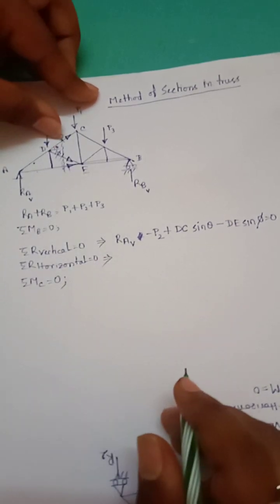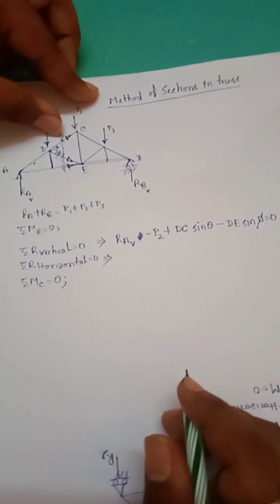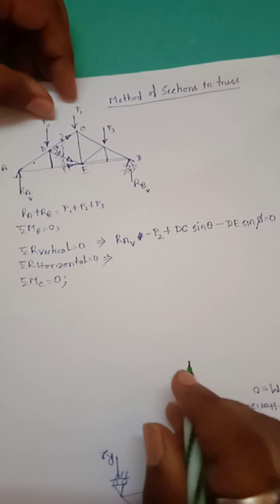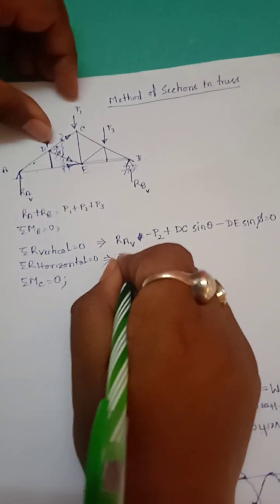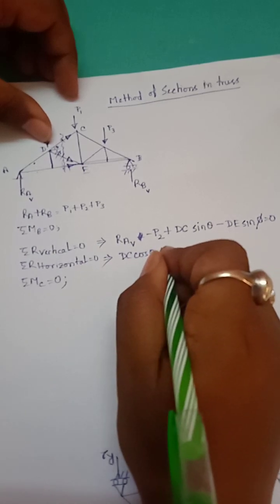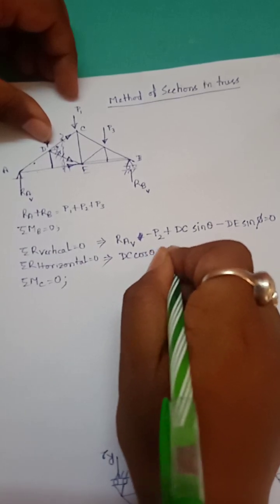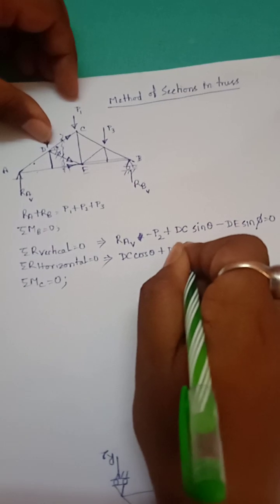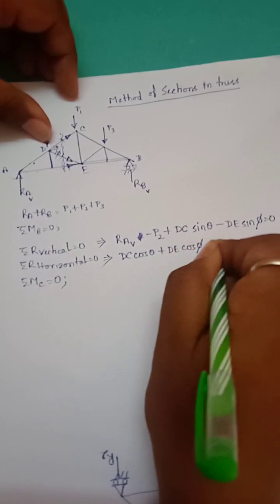For summation Fx, no external horizontal load is acting, so DC cos theta plus DE cos phi equal to 0.